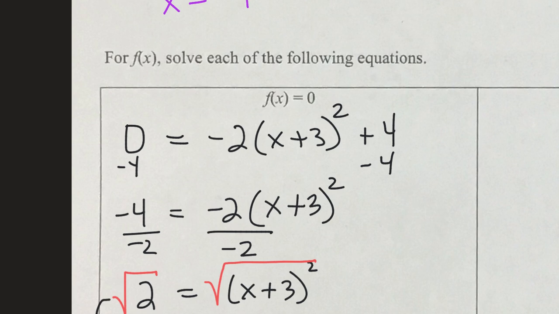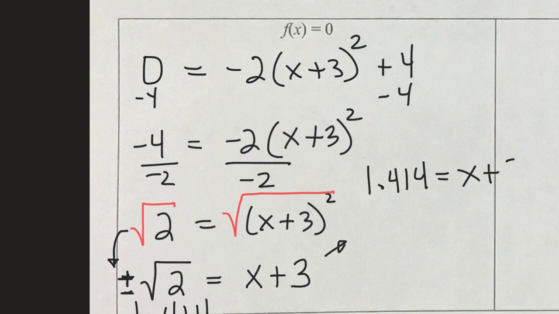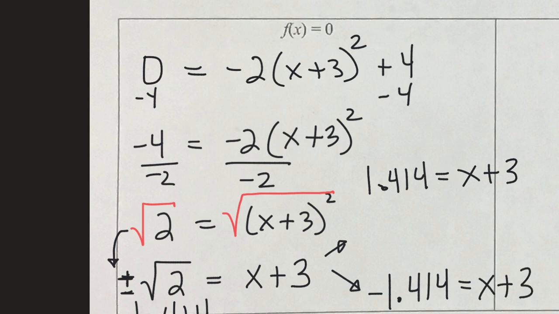Okay, but my calculator can tell me the square root of 2 is 1.414. Okay, so I'm going to make two equations. Positive 1.414 equals x plus 3. And the other equation, negative 1.414 equals x plus 3. Anytime we are solving by square rooting, this is what we do.